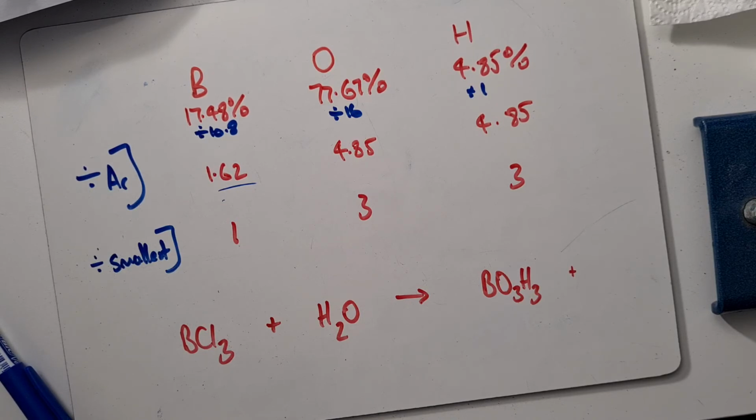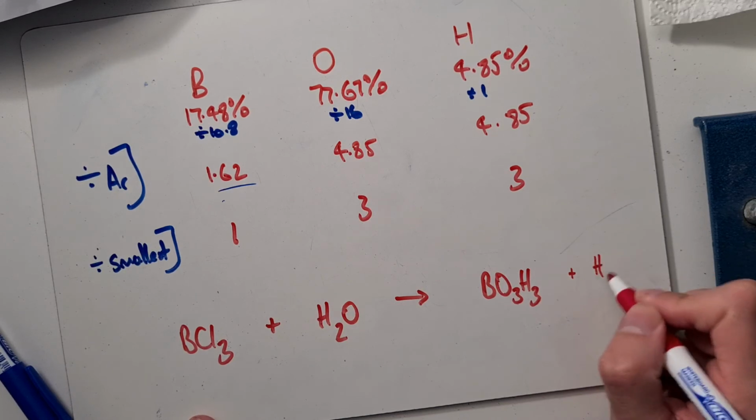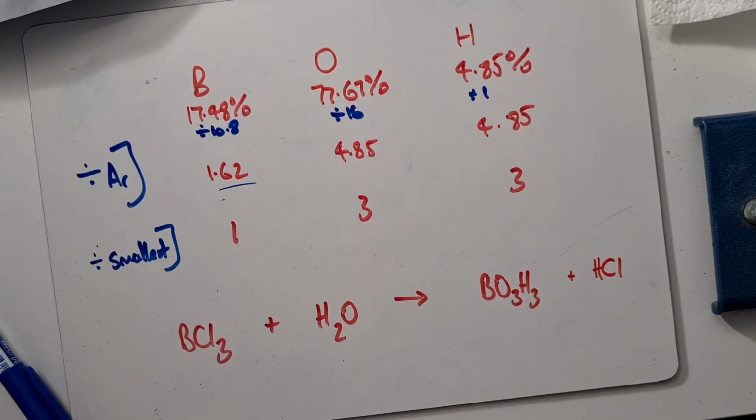So with the chlorine, we're going to also get HCl formed here. So some of the hydrogen is going to come off and form with the chlorine to form HCl. Just check. No. So that's the first thing we need to do, and now we need to balance it.